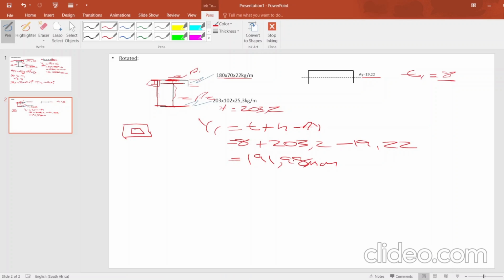Then in meters, it will be 0.19198 meters. Now, this is how you work out your Y1 if you are given the channel and the eye profile in this position. This is how you work it out, good people. I hope this makes your life easy, and I hope that you won't forget how to work out your Y1. Thank you, good people.